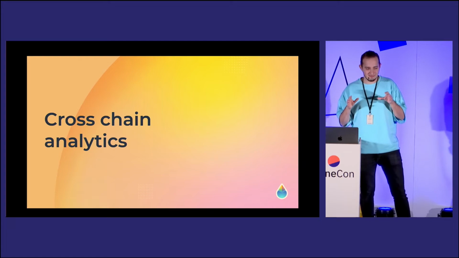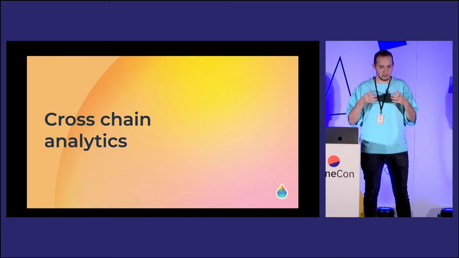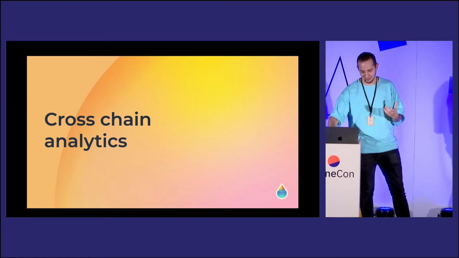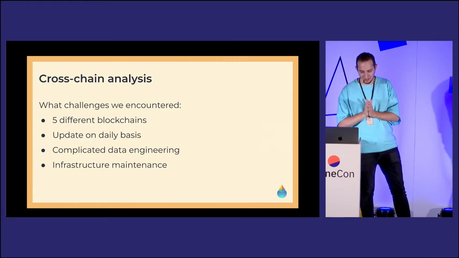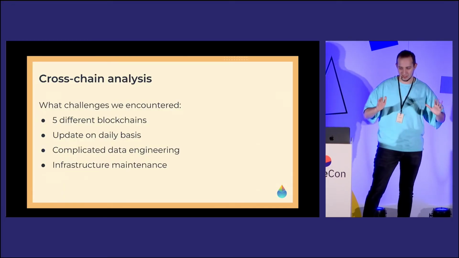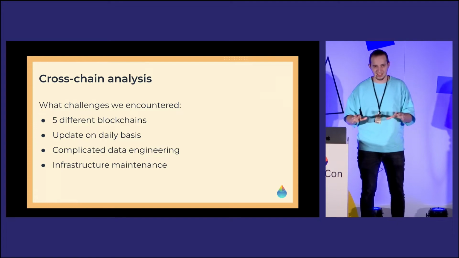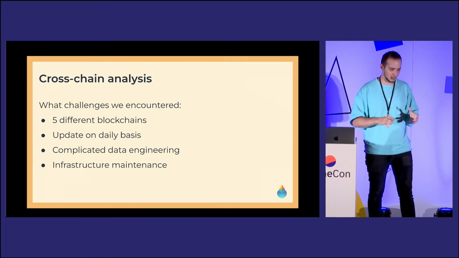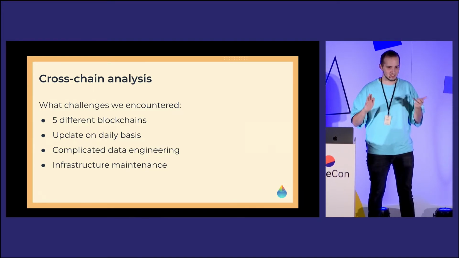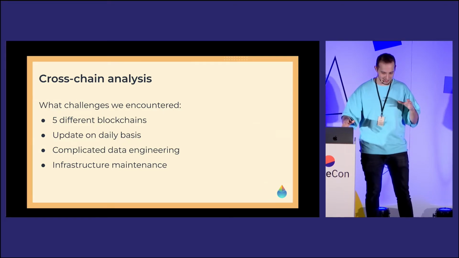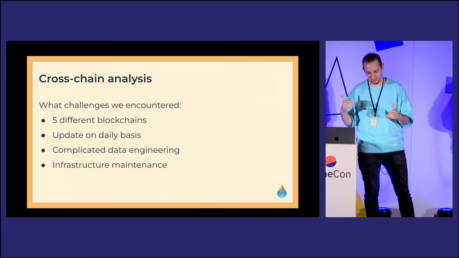But there are several challenges which you need to accomplish before creating cross-chain analytics. For us, these challenges were, firstly, you have 5 different blockchains, each with its own parameter-passing methods, different queries, different data structures.